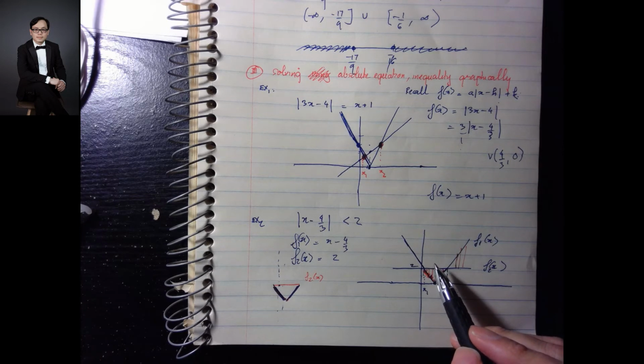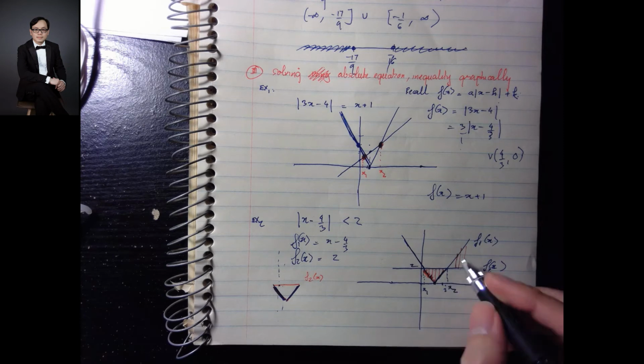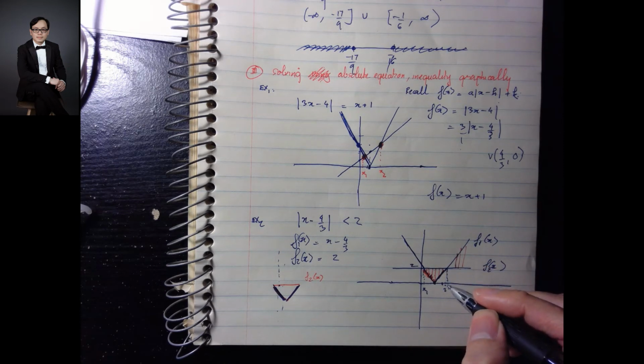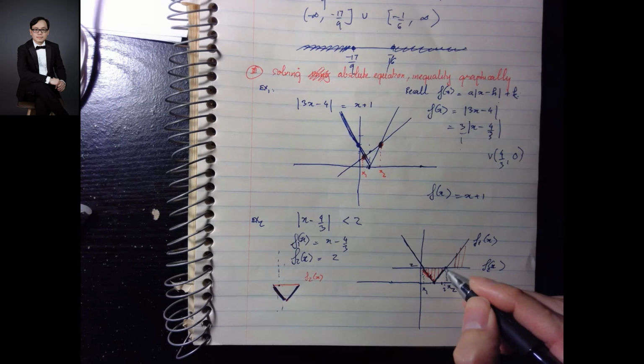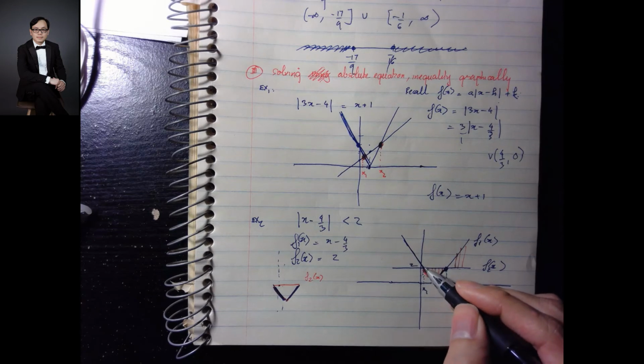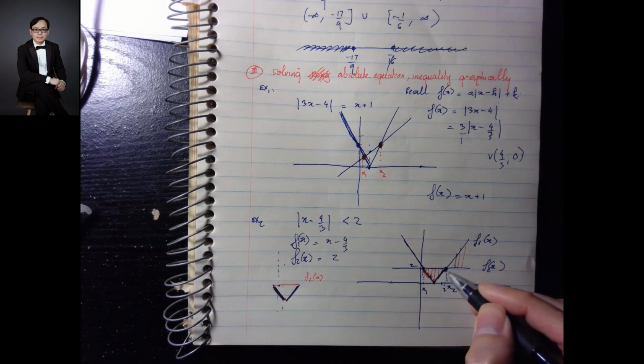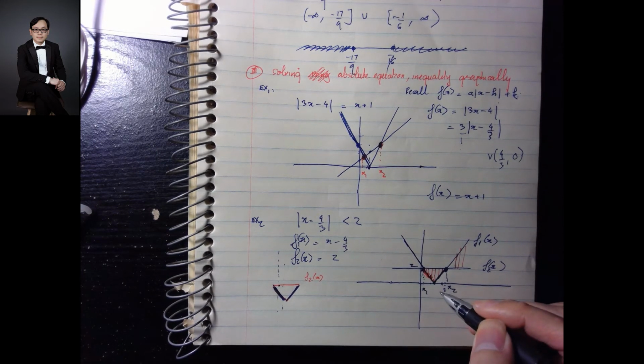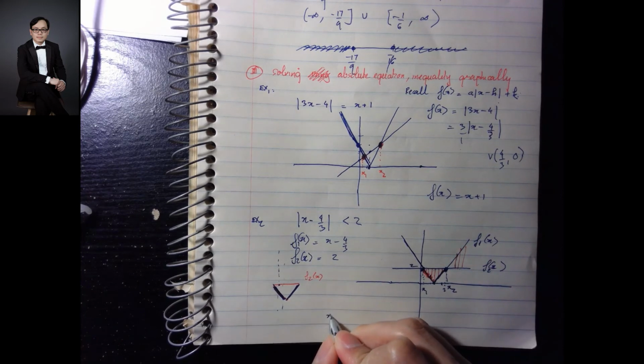I don't know exactly the values because, again, I don't have graphing paper, but I know that as long as you can find the x components of these two intersecting points, then you can write the answer in this form: x1 < x < x2.